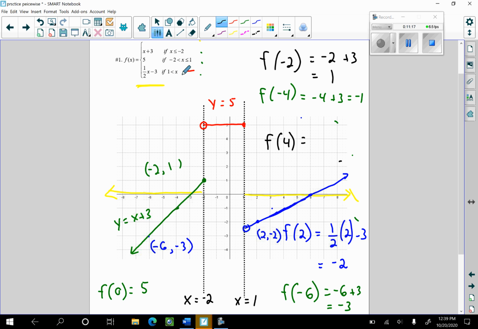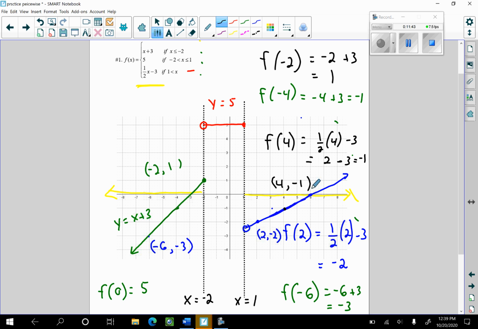The bottom piece. So I'm going to put 4 into this. So this is going to be 1/2 times 4 minus 3. Oh, 1/2 times 4 is 2. 2 minus 3 is -1. And that's that point right there, (4, -1). Okay?